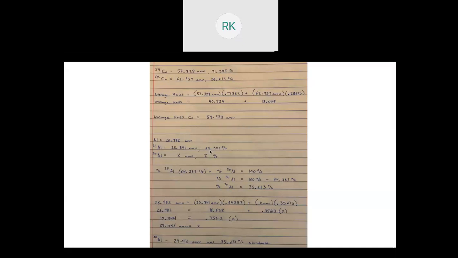When we do this math, we find that aluminum 30 has to have a percent abundance of 35.6%. Again, that's because the percent abundance of aluminum 25 and 30 combined has to add up to 100% abundance. Are there questions on that step before I move on?